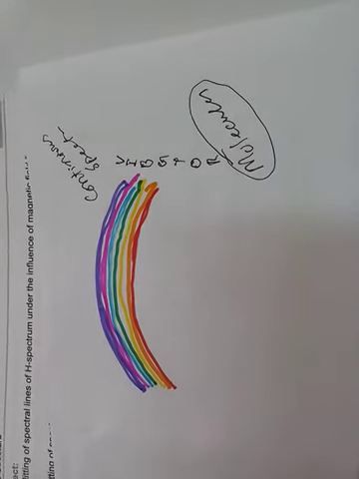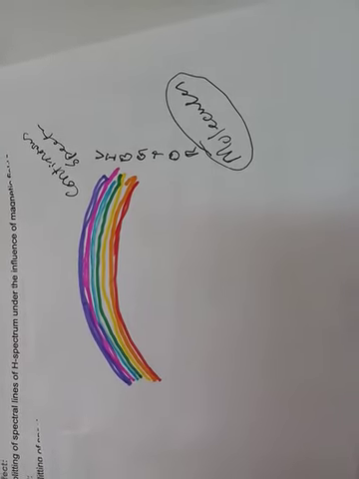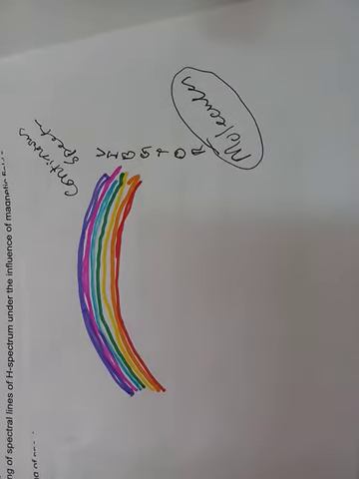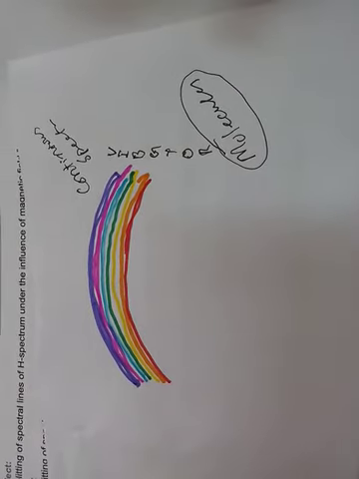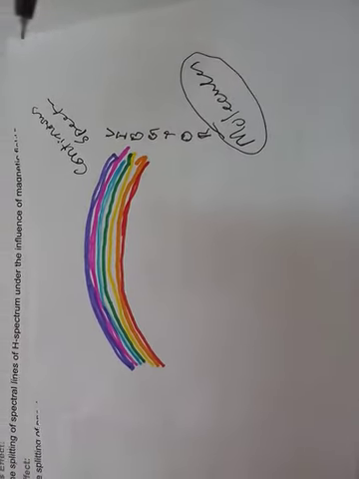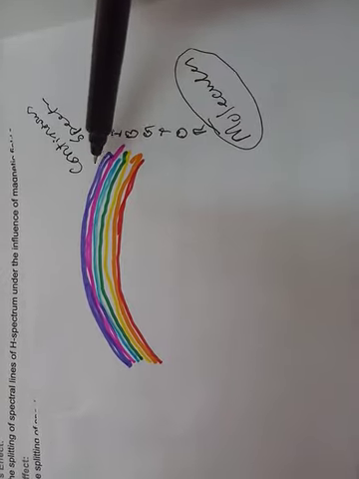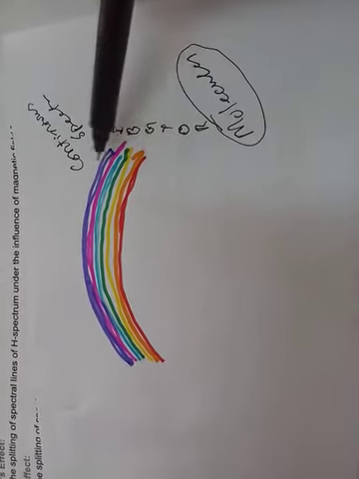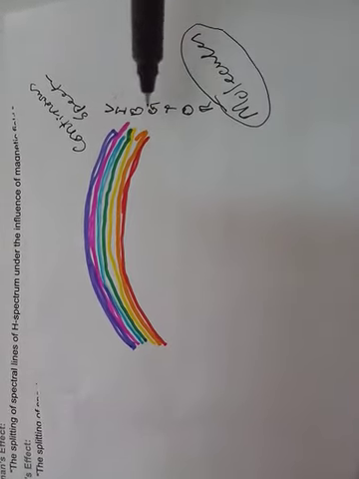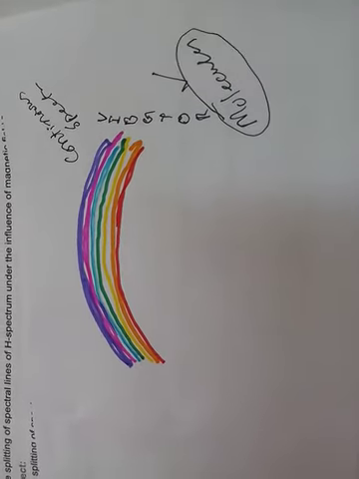Each atom gives its own spectral line, and when different atoms are there, they give different spectral lines, and the different spectral lines merge with each other, they overlap with each other, they mix with each other, and hence a continuous spectrum is obtained. So remember that here there are no sharp boundaries between the colors or bands or lines. Spectral lines don't have sharp boundaries, but they are merged into each other, and normally such a type of spectrum is observed for molecules, not for atoms.